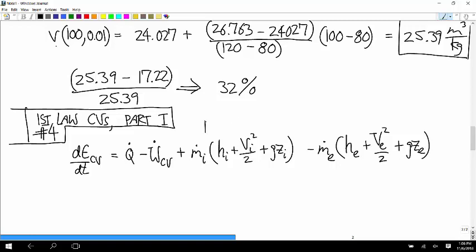It's refrigerant 134A. It's an insulated diffuser, and insulated means that this goes away. It operates at steady state, so there's no dE/dt, and there's only one mass flow rate. It's the same at the inlet and the exit. Ignore potential energy effects.